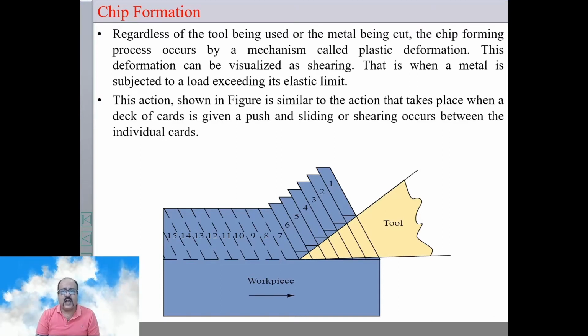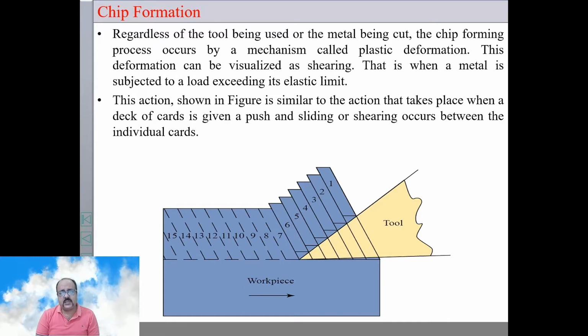So chip formation, how chips are formed. This we have discussed in the previous lectures. As the tool moves ahead, the zone ahead of the tip of the tool gets severely stressed. And when this shear stress becomes more than the shear strength of the workpiece material, the material will shear plastically and flow over the face of the tool.